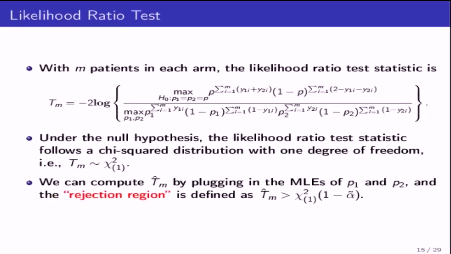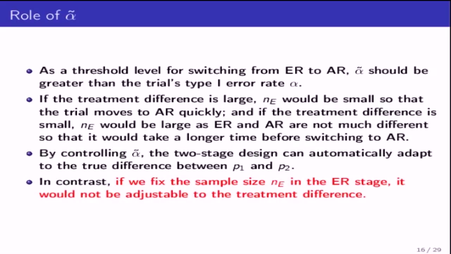The rejection region, which I put in quotes, is not really used to reject the null hypothesis. I'm only using this as the criterion for whether I'm going to switch to AR or not. So if T-hat is greater than this chi-square critical constant, I consider it a sort of rejection of the null, so I can switch to AR. That's the idea.